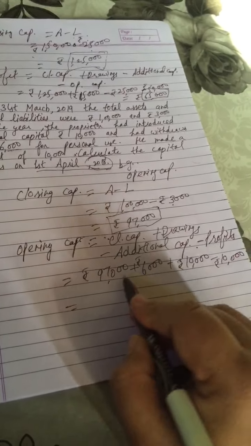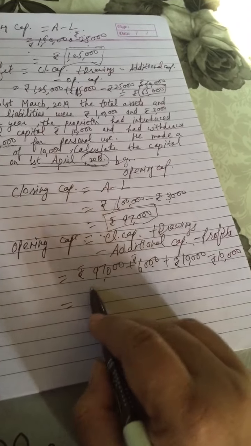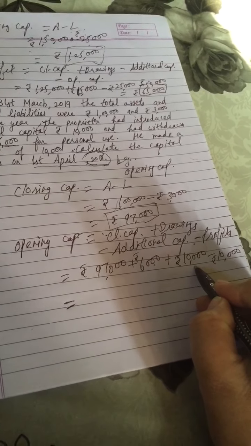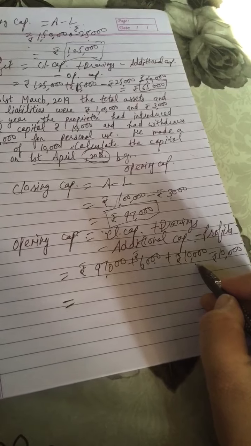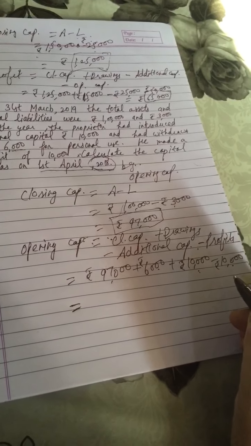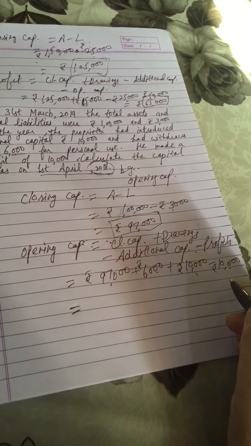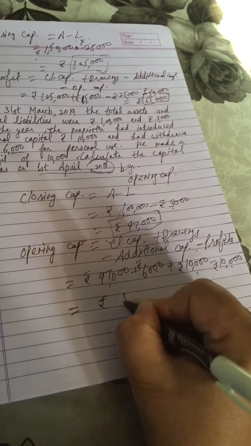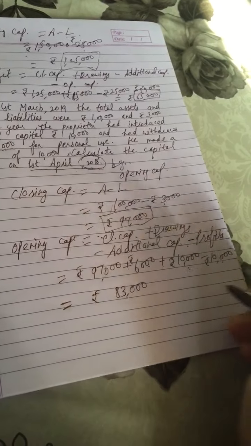So 97 plus 6, 1,03,000, plus 10, 1,13,000, minus 10, that is rupees 83,000, answer.